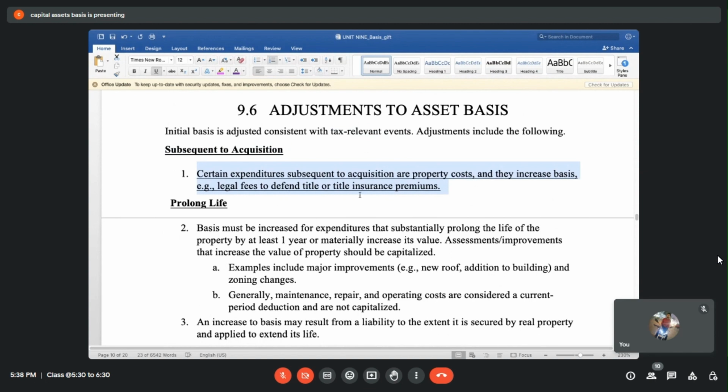They're not talking about regular annual premium, only title insurance premium, because these are all one time costs. Insurance premiums are paid every year, but that will not add up to the basis. But if you're getting some addition done to the property, then it's a capital cost.